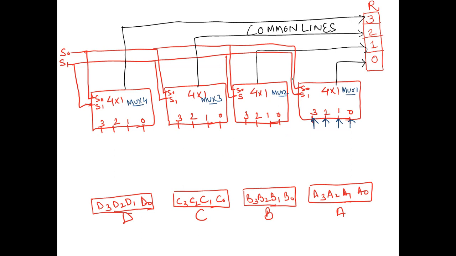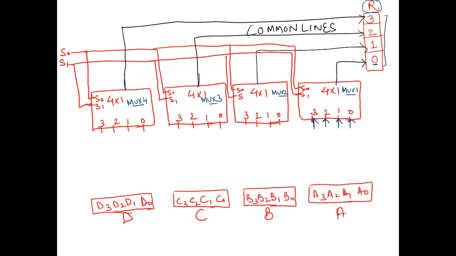These all are the common lines, the outputs generated from these multiplexers. If a register consists of 4 bits of information, I will also have a destination register of size 4 bits.